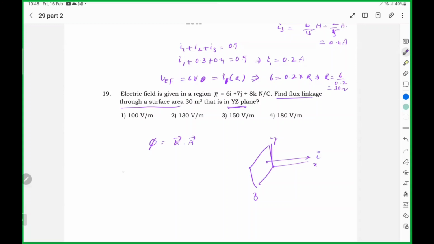So the area vector is perpendicular to the plane. Flux will be 6I plus 7J plus 8K dot 30I. 180 volt per meter.